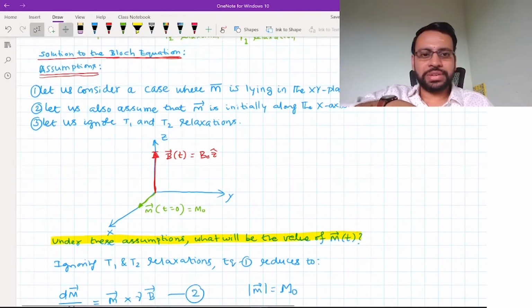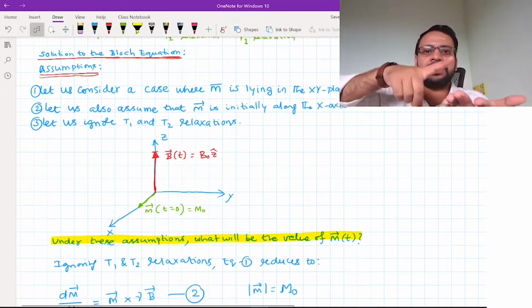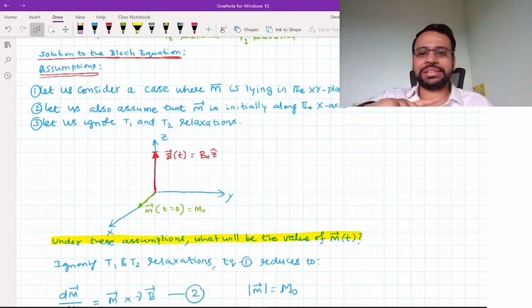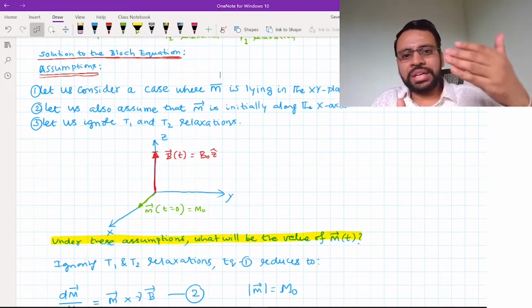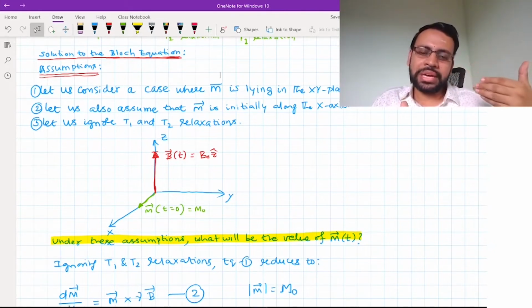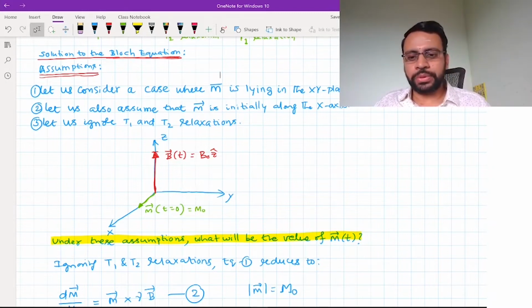That's the first assumption. Even further, I am assuming for convenience of the derivation that it is along the x-axis. That's the second one. Also, for the time being, we will ignore the effects of T1 and T2, and then gradually incorporate them into our formulation.